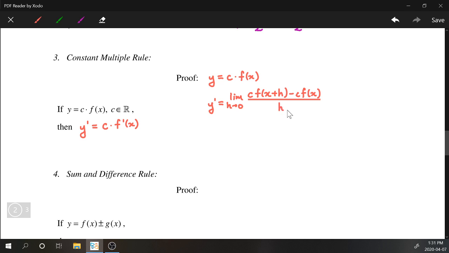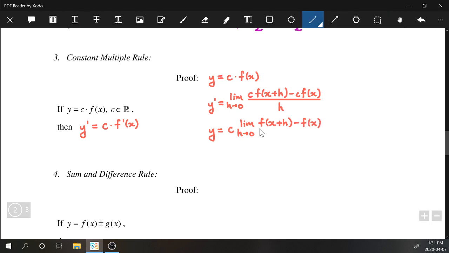So what you'll realize is that you can factor out c, and then you can use the limit laws from chapter 2 to actually put the c in front of the entire limit. So you can have something like this. So it would just be left with f of x plus h minus f of x, and then over h.